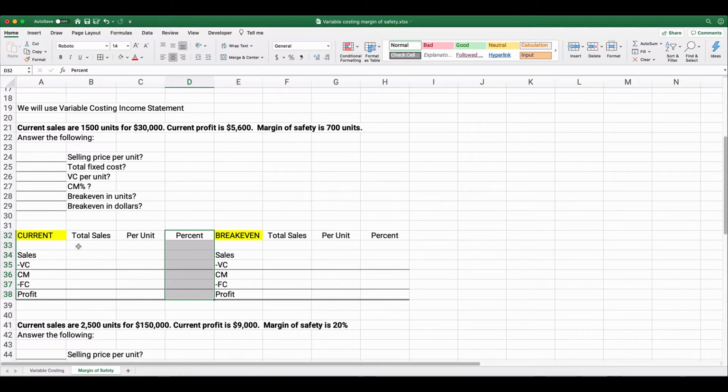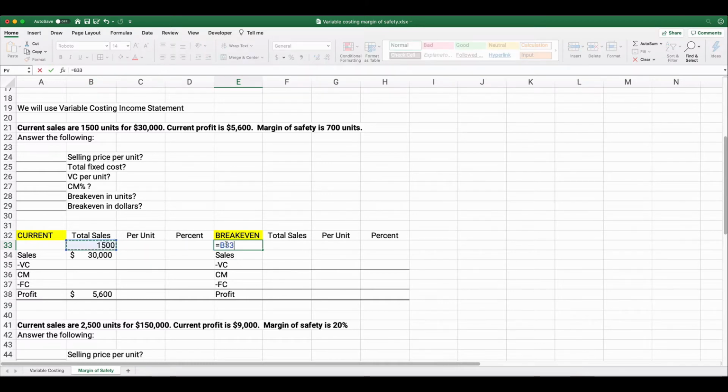So current sales are 1,500 units. I'm going to type that in. And our current sales are $30,000. Our current profit is 5,600, so this goes in this column. And it says the margin of safety is 700 units. That means our sales could drop from 1,500 down 700.